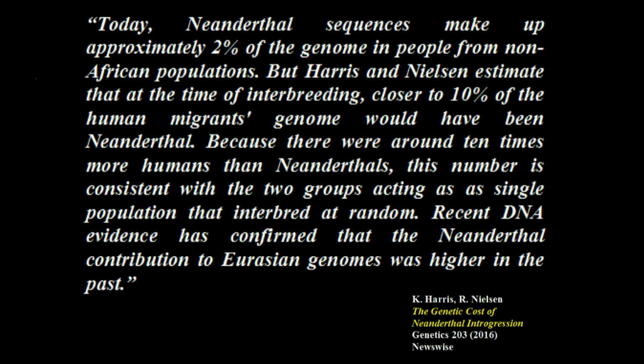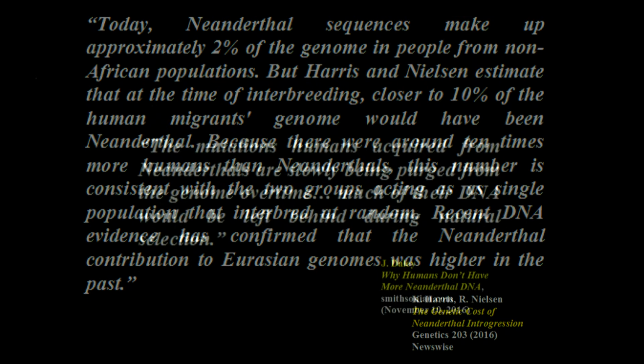But Harris and Nielsen estimate that at the time of interbreeding, long time ago, closer to 10% of the human migrants' genome would have been Neanderthal, because there were around 10 times more humans than Neanderthals. This number is consistent with the 2 groups acting as a single population that interbred at random. Recent DNA evidence has confirmed that the Neanderthal contribution to Eurasian genomes was higher in the past.